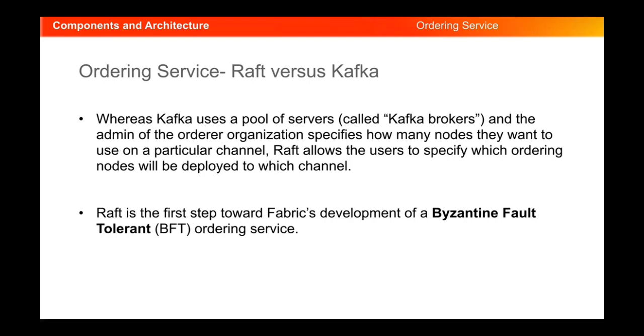So Raft is the first step towards Fabric's development of a Byzantine fault-tolerant ordering service. We have seen what the Byzantine general problem is, and what Byzantine fault tolerance is, in our previous section. So Raft is the first step towards solving that issue in Hyperledger Fabric.